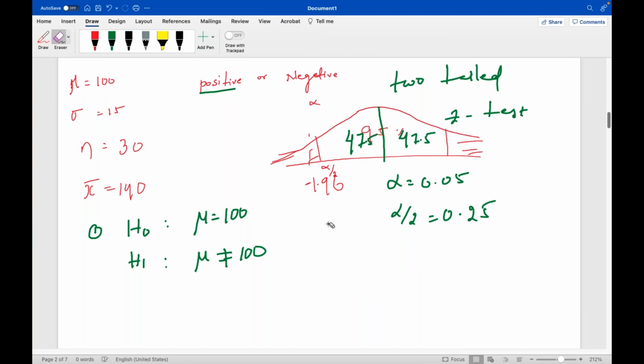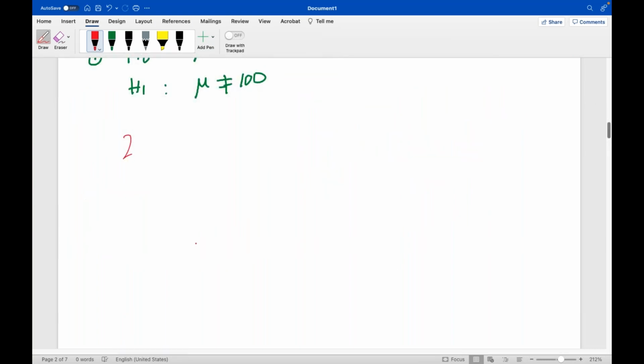Once you know these values, which formula do we have to use to find the Z score? My Z score formula is sample mean minus population mean, divided by the standard deviation of the population divided by square root of n.